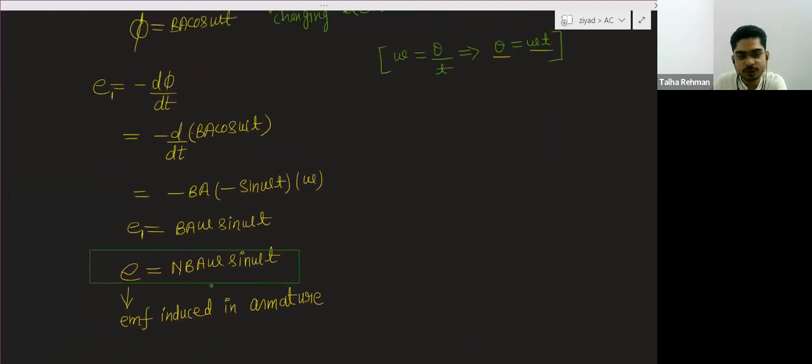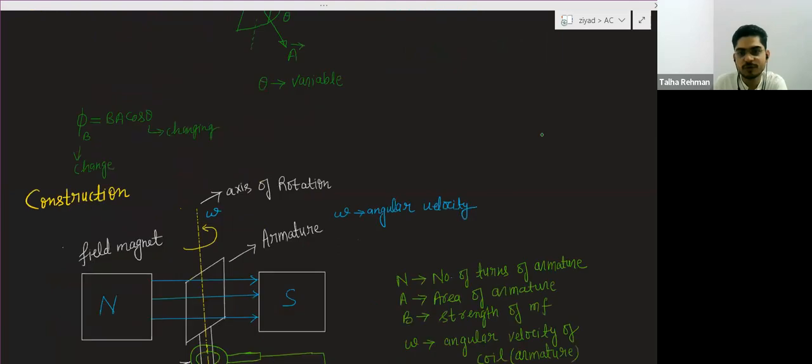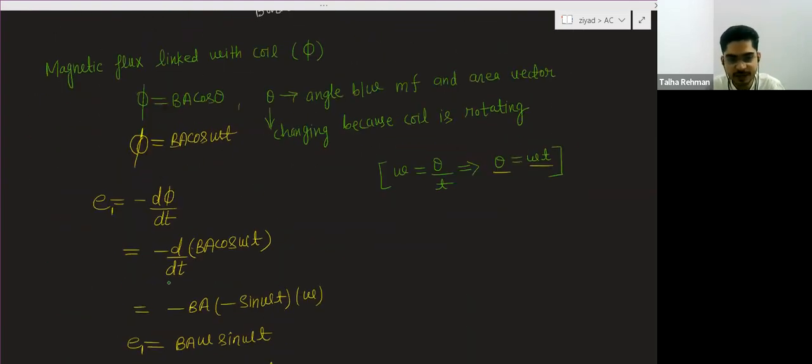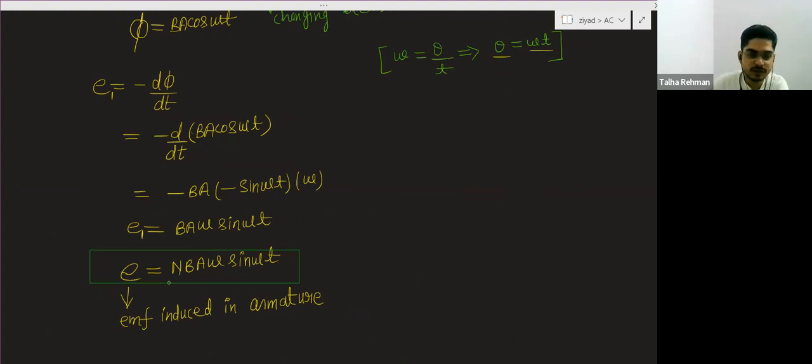Now I have told you the graph of alternating current. Basically, this is your alternating EMF, and alternating current will also be in the form of sine.